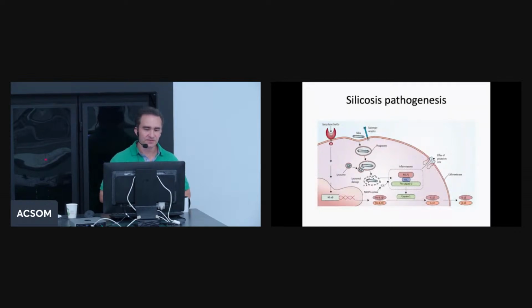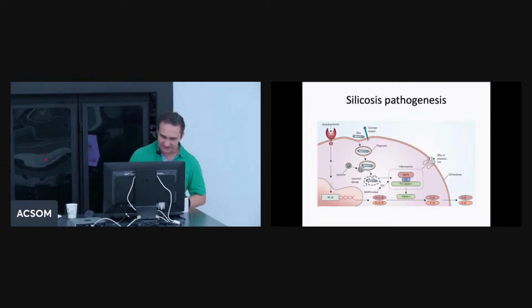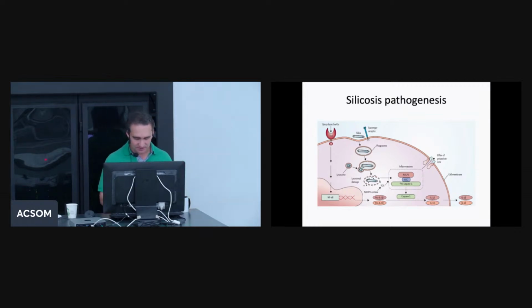Okay, so when the silica particles get into the cell, they form a phagosome. There is lysosomal damage again because they cannot digest it. Oxygen species, with the help of NADH, create the protein complex called inflammasome, which includes different proteins and enzymes. ASC is apoptosis-associated speck-like protein, right?